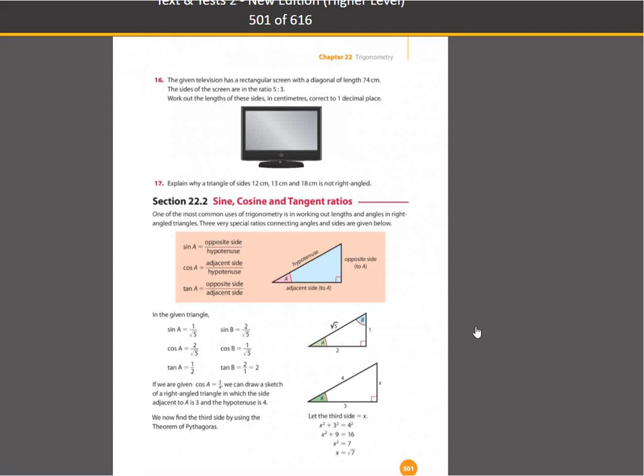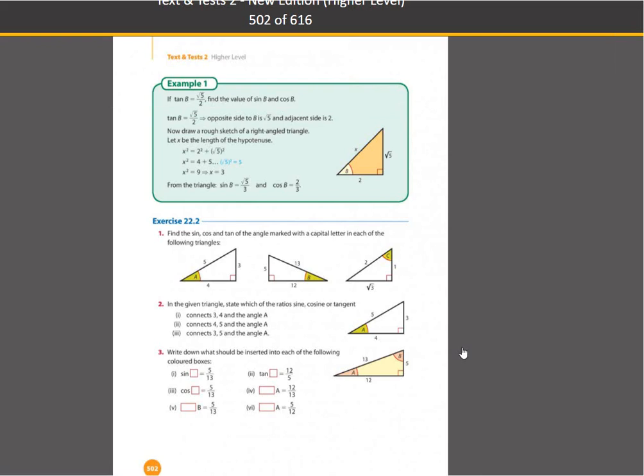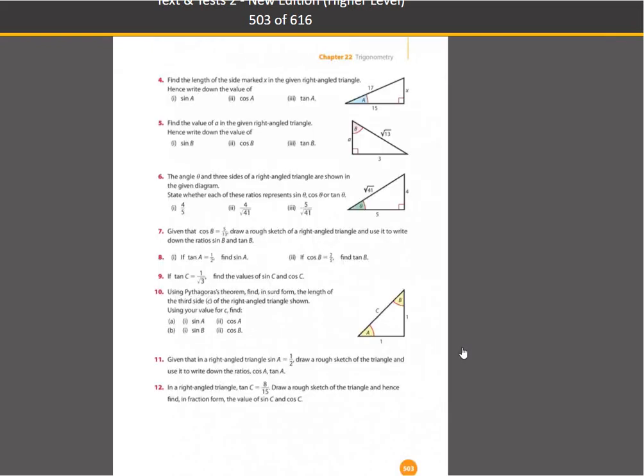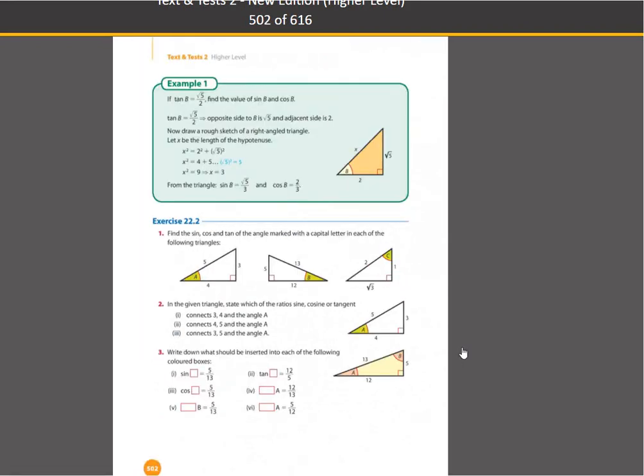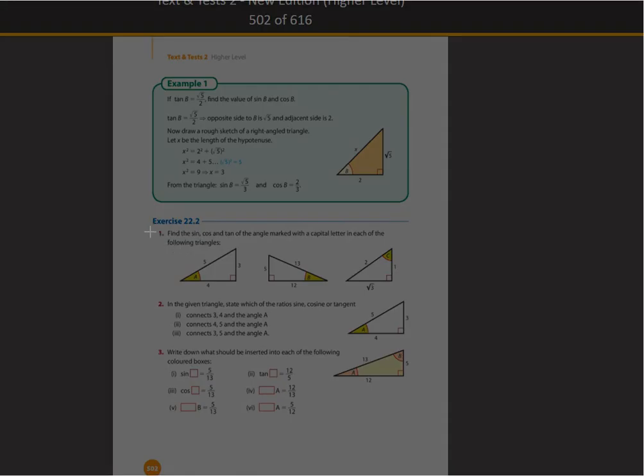So here, this is starting on page 501, this section here. We'll have a look at, say, question 1.